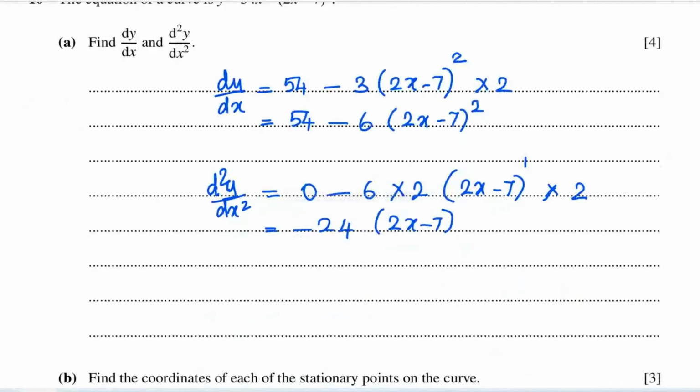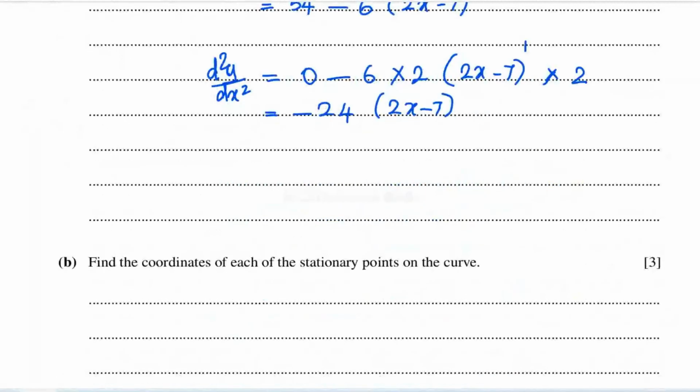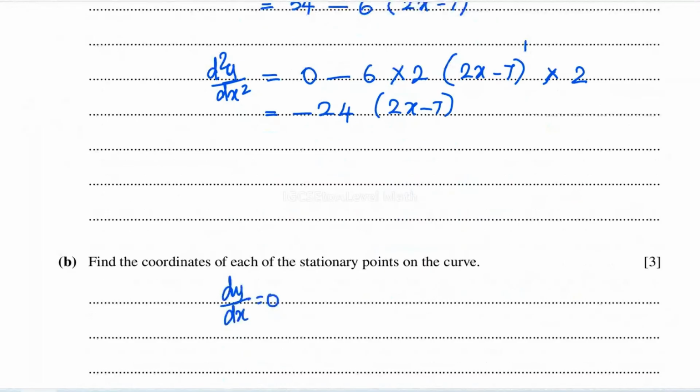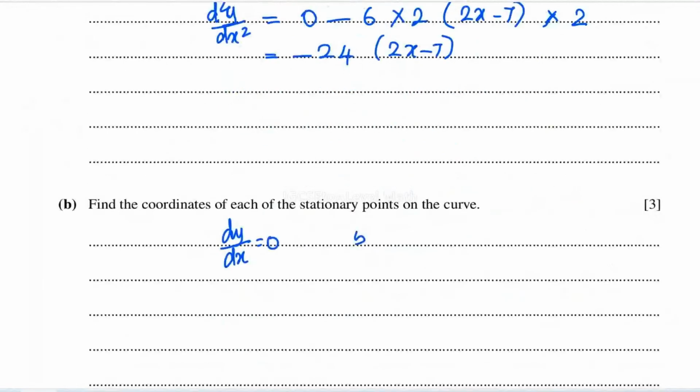The next part of the question is find the coordinates of each of the stationary points on the curve. So in order to find the stationary point, we have to take dy by dx as 0. And we know dy by dx is 54 minus 6 multiplied by 2x minus 7 the whole square.